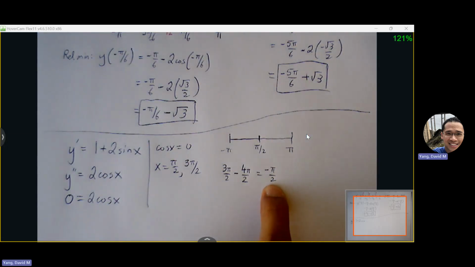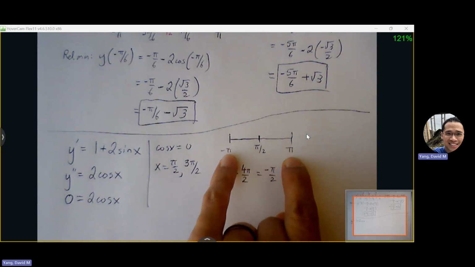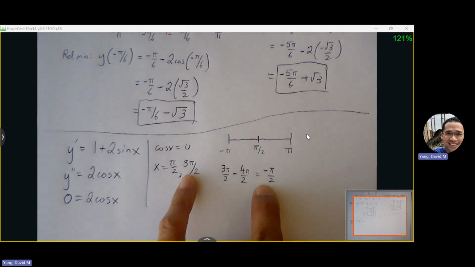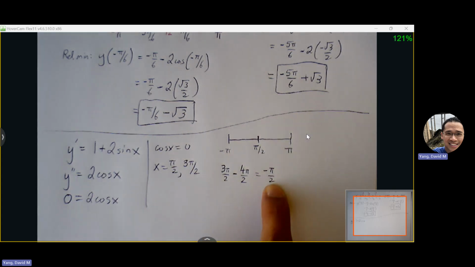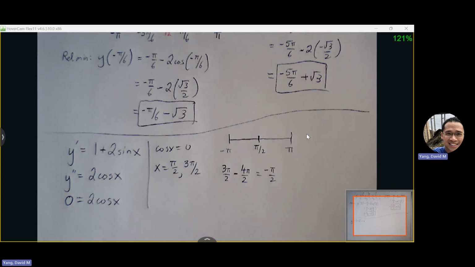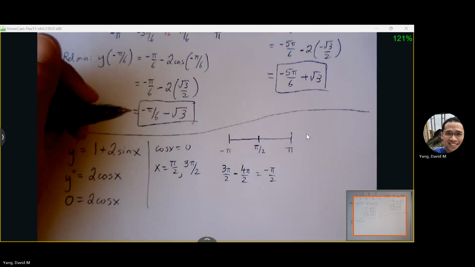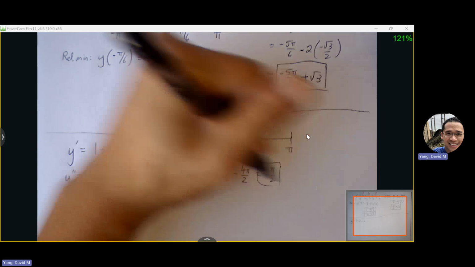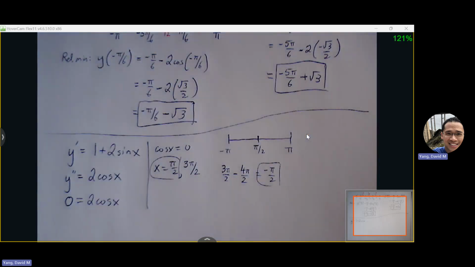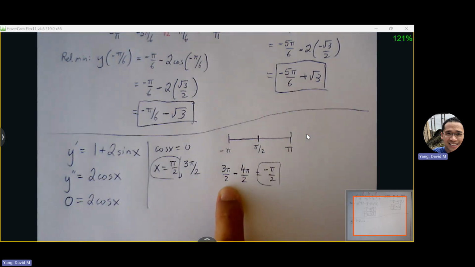So negative pi over 2 is something that lands inside negative pi to pi, and it's a variation of 3 pi over 2. So we can keep that critical point, just have to adjust it and find a coterminal angle that fits. Okay, so we have two critical points, pi over 2 and negative pi over 2, which is a variation of 3 pi over 2.